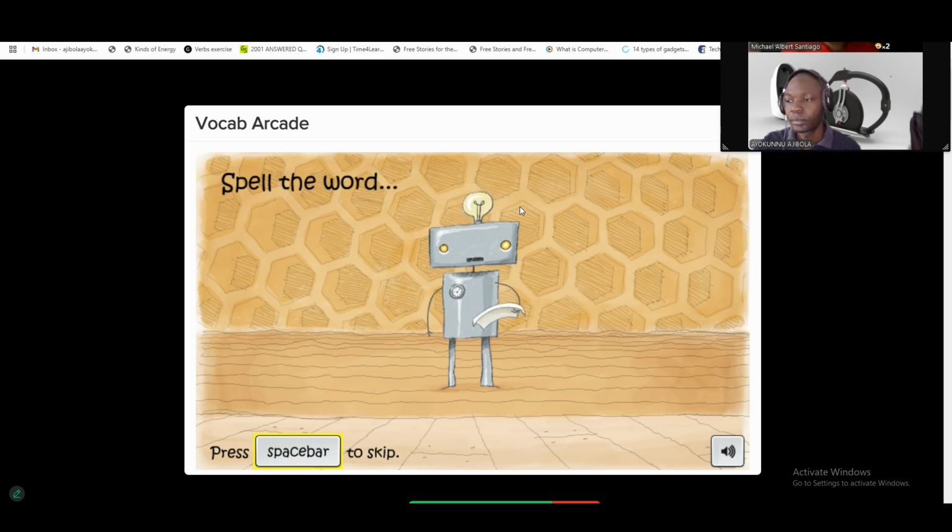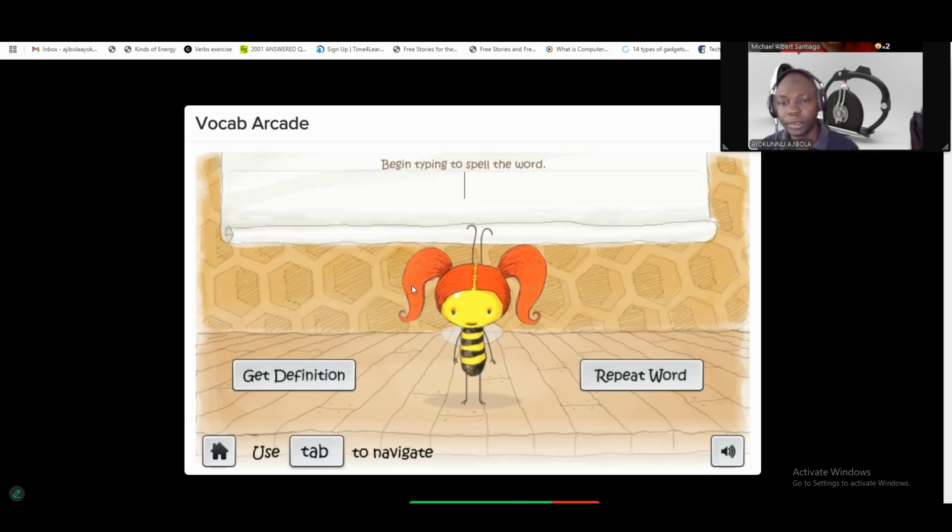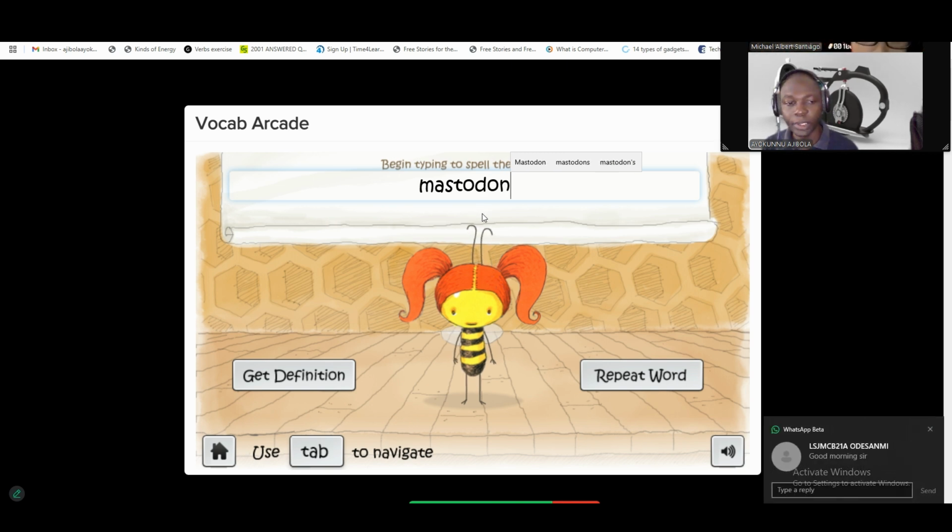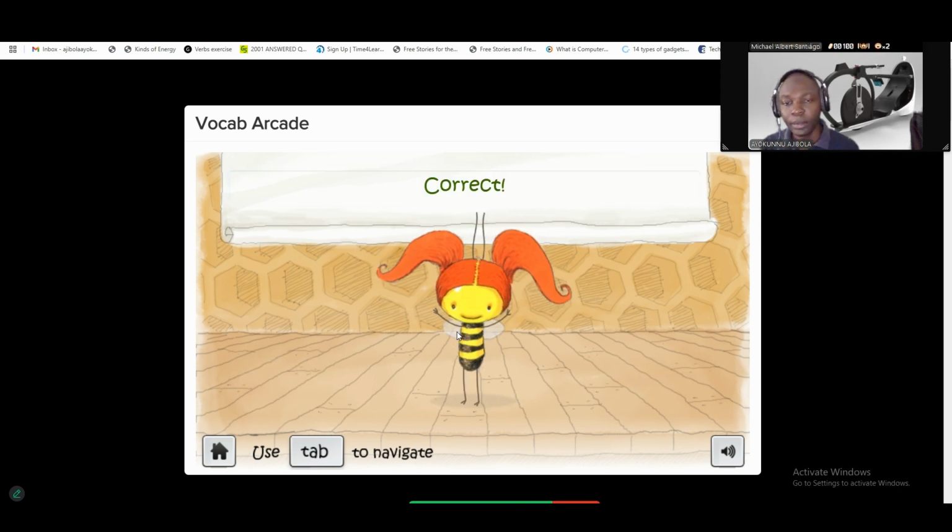Spell the word Mastodon. Mastodon. Mastodon. M A S T O D O That's Mastodon, right? Yeah, Right? yeah, Okay. yeah, All right.